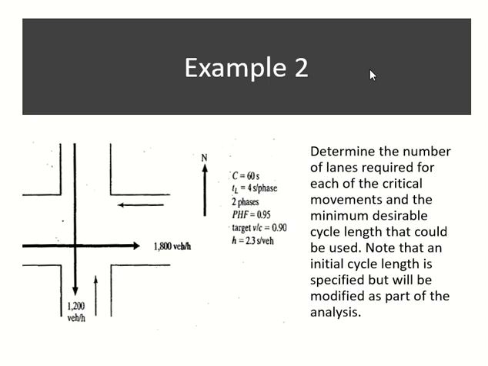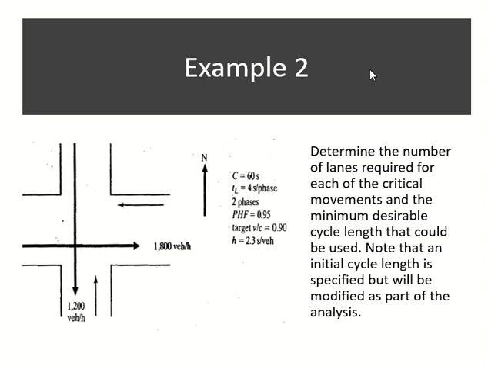Coming back to the problem, now peak hour factor is given. V by C ratio is fixed now. We will use this one. And saturation headway is given. Now what they are saying is, using this data, first of all, find out how many lanes we should give on the intersection.